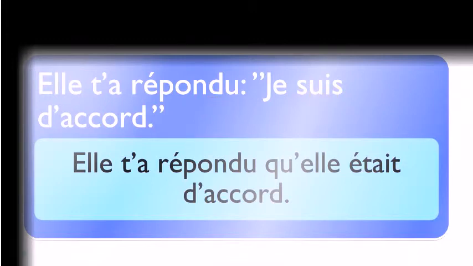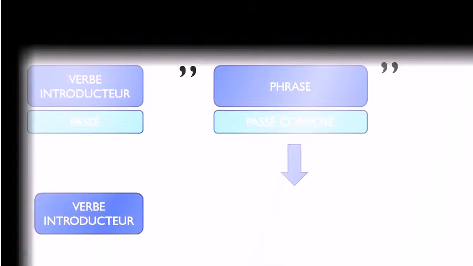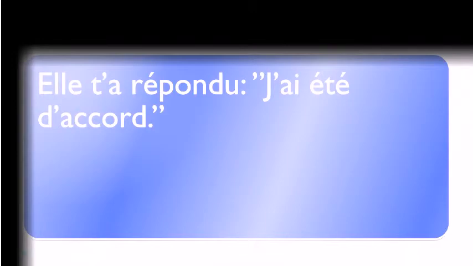Okay, so let's see now how we do it if we've still got the passé in the first part, and in the second part the passé composé. Of course, the first part will stay the same, but this passé composé form will become plus que parfait. Let's have a look.